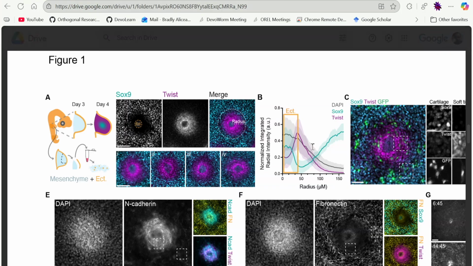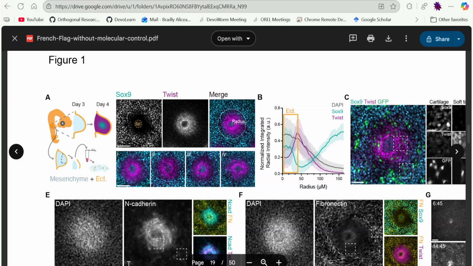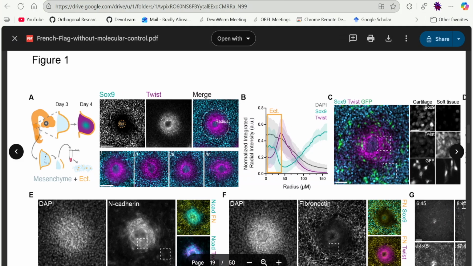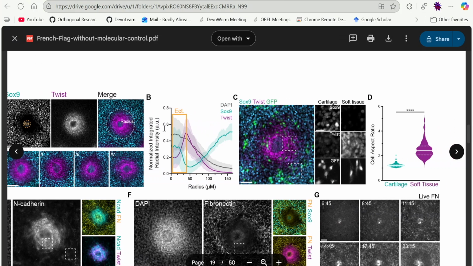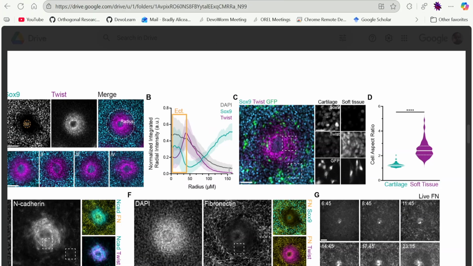So you have the ectoderm here, then you have where there's differentiation, and you have SOX9 changing its profile with respect to Twist, and then the DAPI stain here.